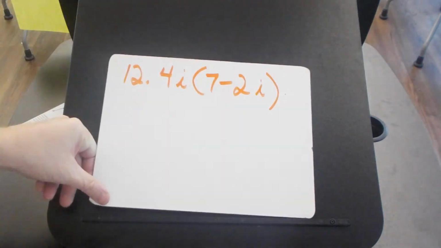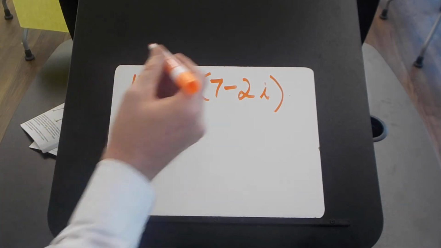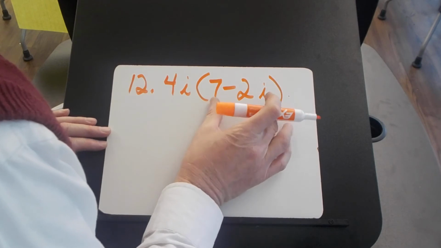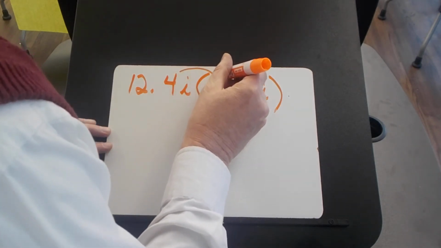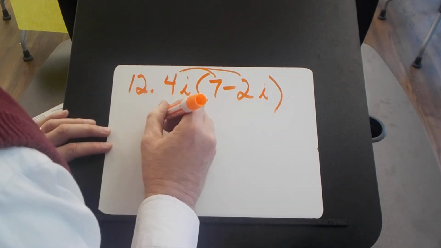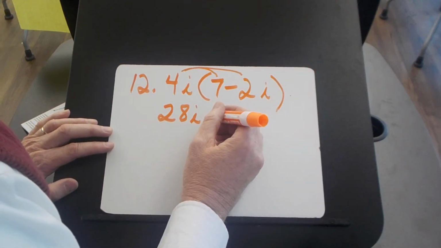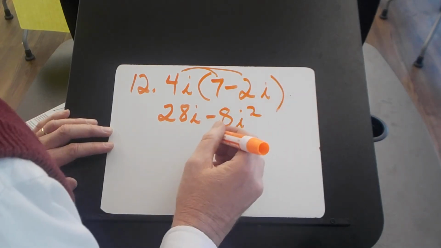Now, number 12, there's multiplying involved here. So number 12, I've got 4i, this imaginary number, times this complex number, 7 minus 2i, and I am going to distribute the 4i. And that's 4i times 7 is 28i, and 4i times negative 2i, that is negative 8i squared.